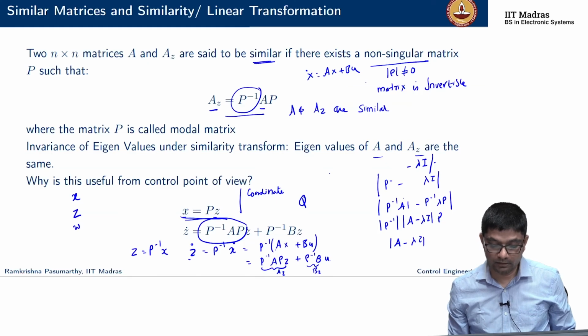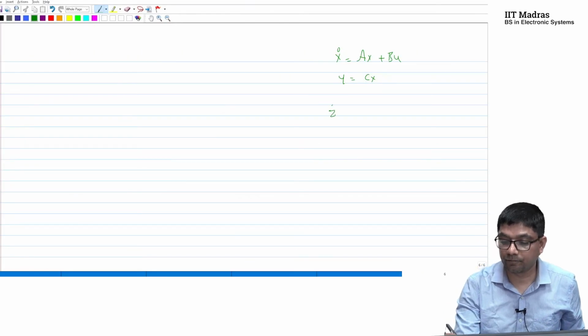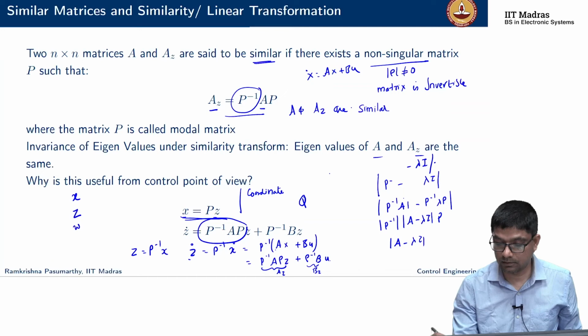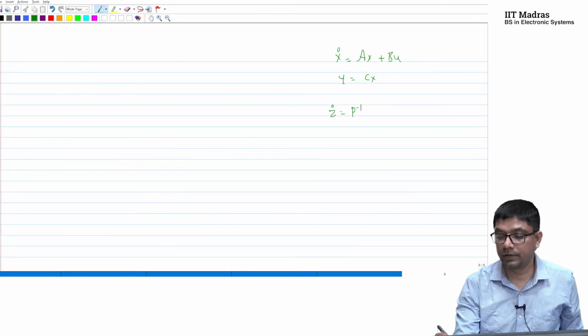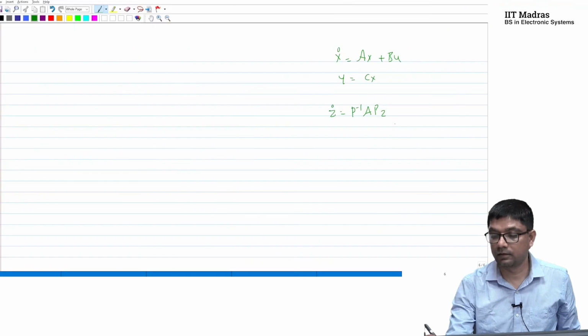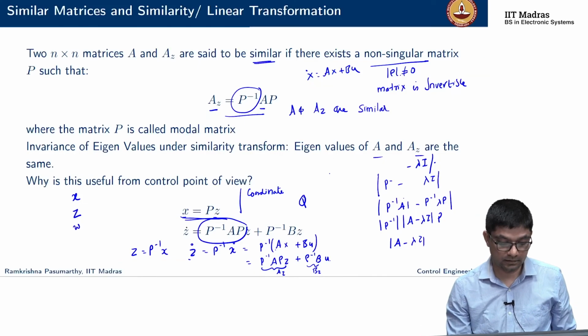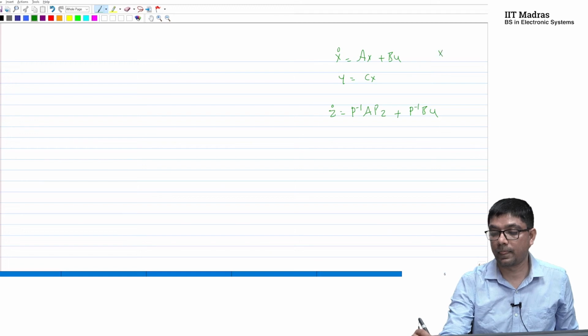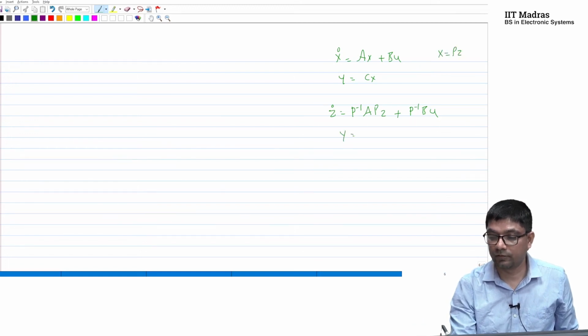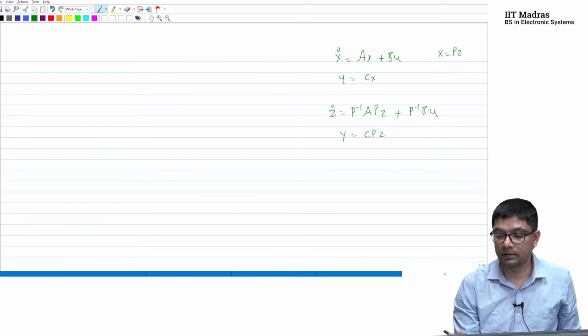We had z dot is P inverse APz plus P inverse Bu, and y equal to Cx. What was x? x was Pz. Okay, so y will be CPz.